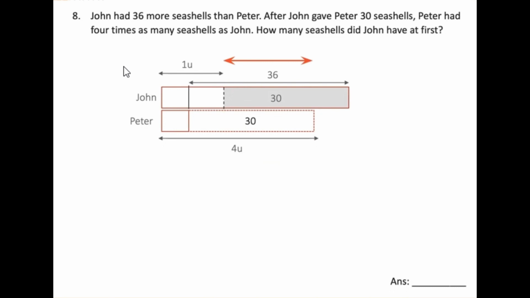Remember I told you about this? Then the question is, how many seashells does this arrow represent? Maybe I draw some guideline to help you. If I use 36 minus 30, I get this value. So this is 6.